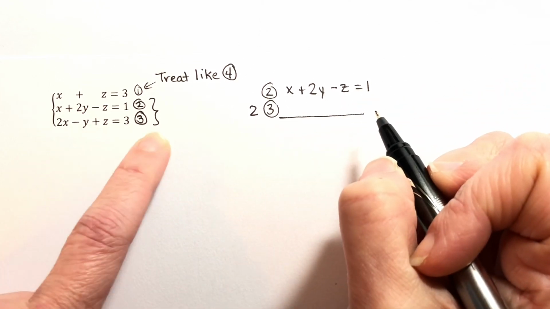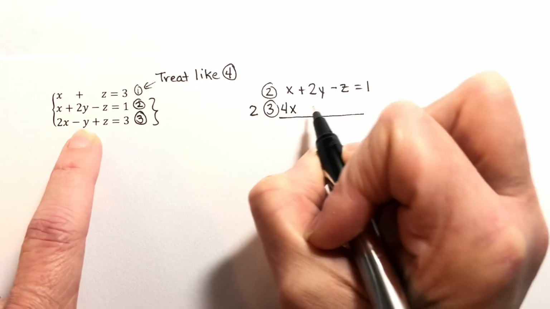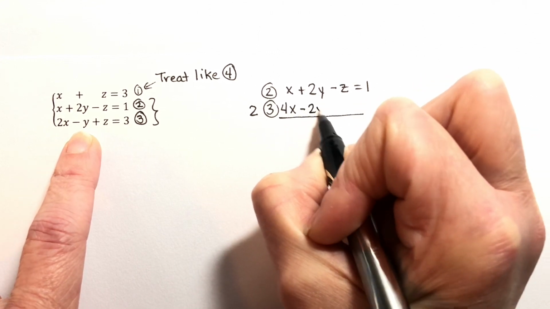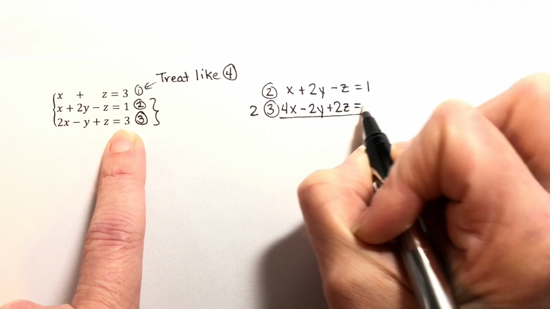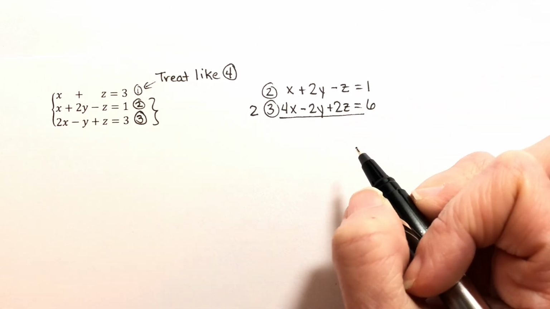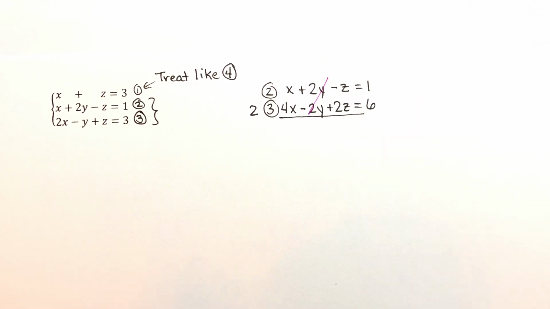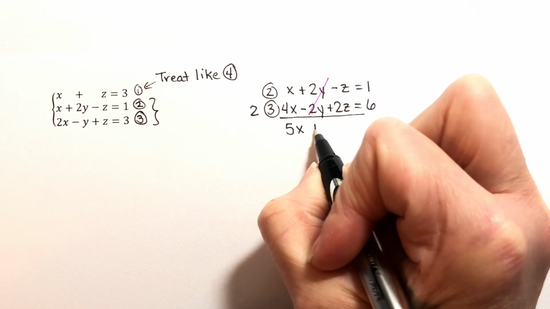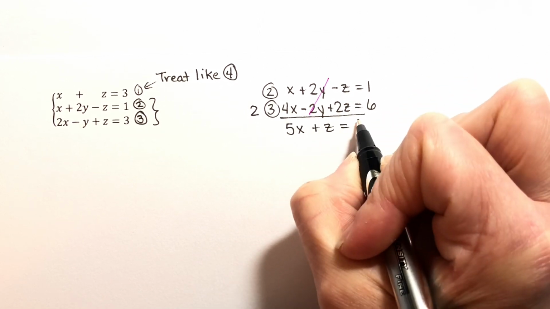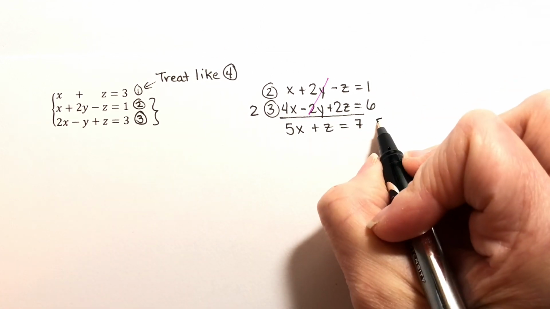And then multiply equation 3 by a 2, and you get 4x minus 2y plus 2z is equal to 6. Now the y values are gone, and I have 5x plus z is equal to 7. I'm treating this one like 4, so I'll go ahead and call this one 5.